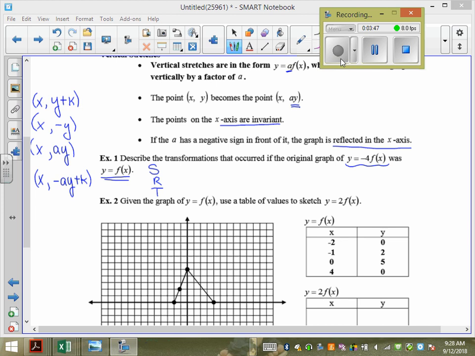Okay. So we have a stretch here. Because it's in front, it's not in the bracket, right? So it's going to affect the y always. So it's a vertical stretch by a factor of 4 about the, what do you think?